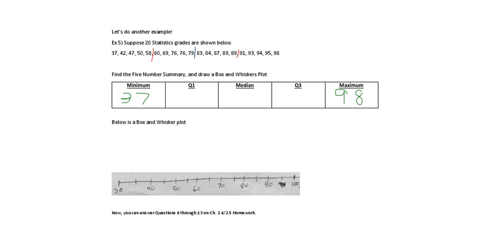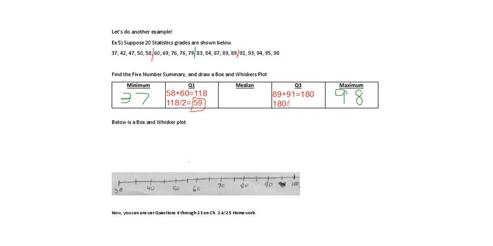So if we want to find Q1, what we'll do is 58 plus 60, which is equal to 118. And then 118 divided by 2 is equal to 59. So Q1 is 59. Let me go over to Q3 for a moment. For Q3, I'm going to do 89 plus 91, which is 180.